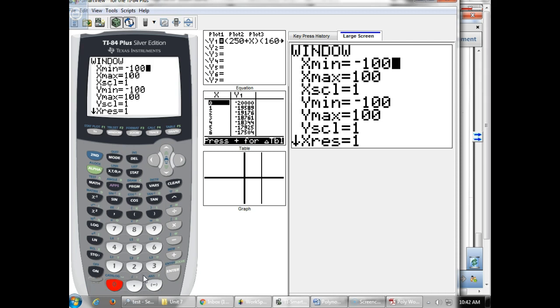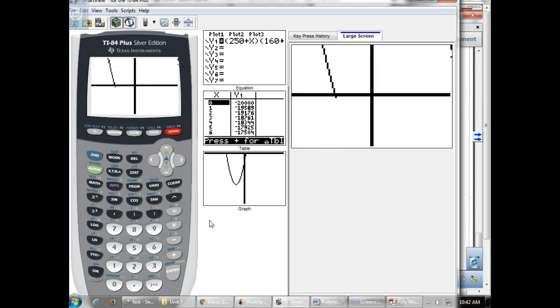Let's go with negative 1,000, positive 1,000. And then for the y's, 100,000, because the area is what our function is determining, so it's going to be a bigger amount. Very good. And then graph that. Did you do 100,000? Okay, so there we go.